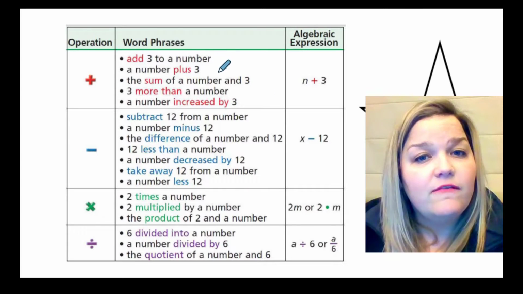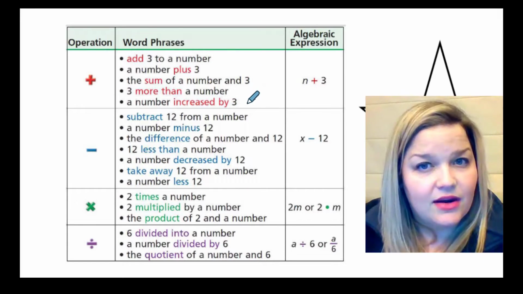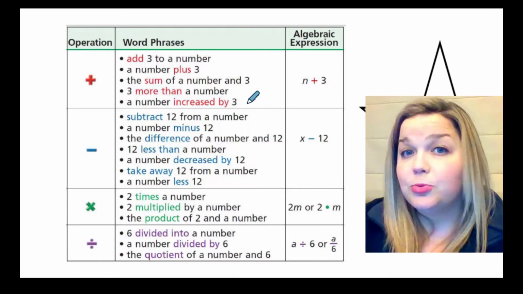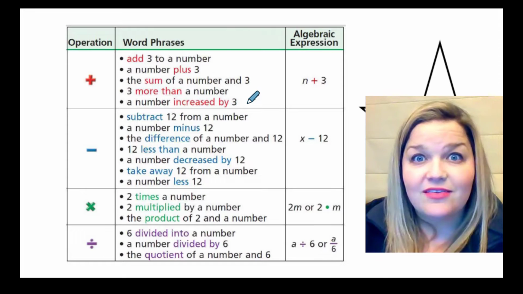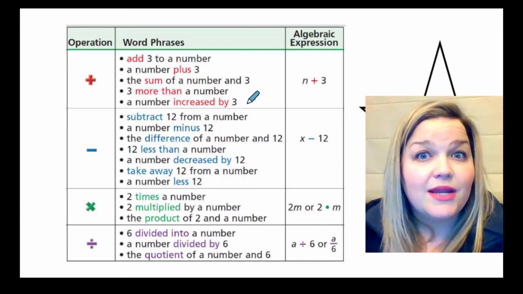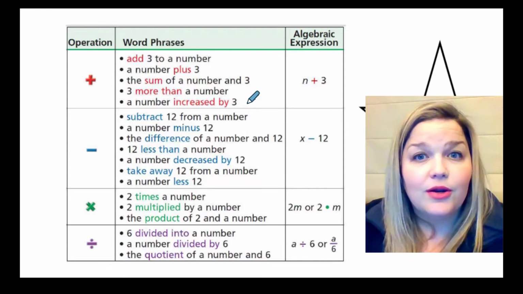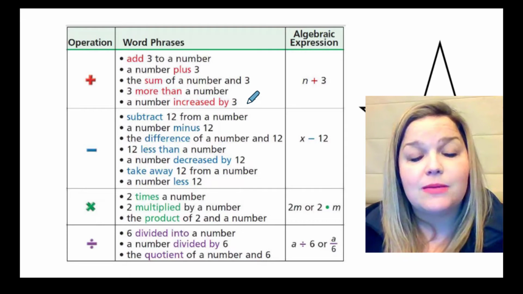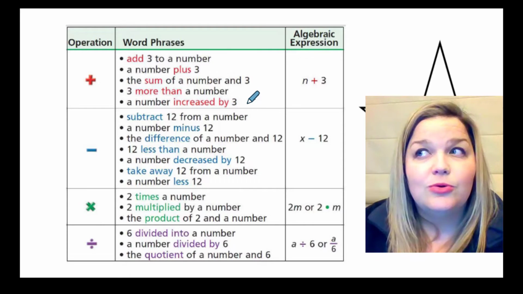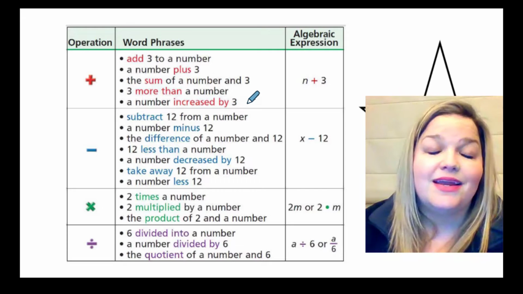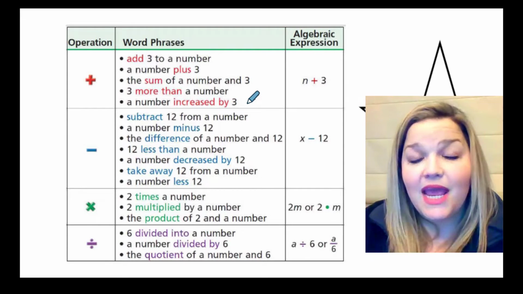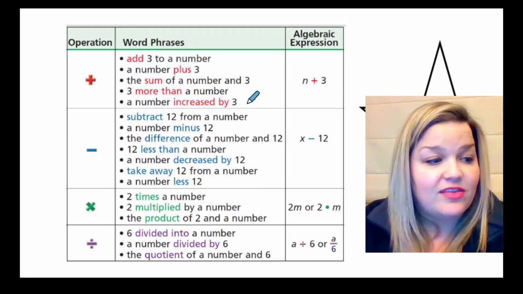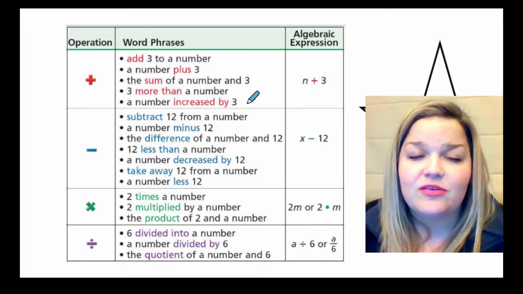So all of these phrases right here, if we translated them, math is a language that can be translated just like Spanish or German or French or Chinese. All those languages can be translated to say the same thing that you're speaking in English. Well, math is also a language, and you can take what you're saying and translate that into numbers and expressions.